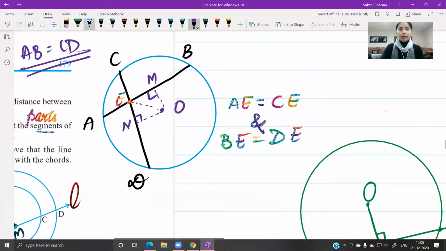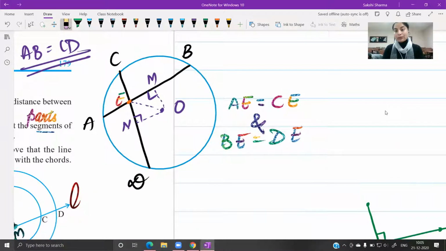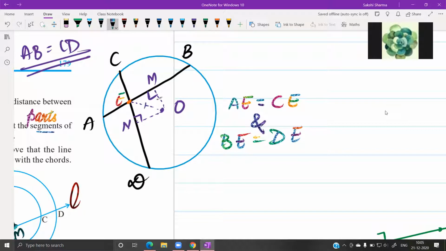So this is what we have. We would like to prove the congruence of these triangles, and we have a common side, we have a right angle. What else? Perpendiculars are equal because the chords are equal. So a common side, a right angle, and the perpendiculars are equal because the chords are equal. They will be equidistant from the center. The two triangles will be congruent.